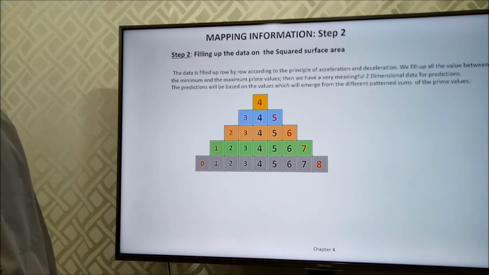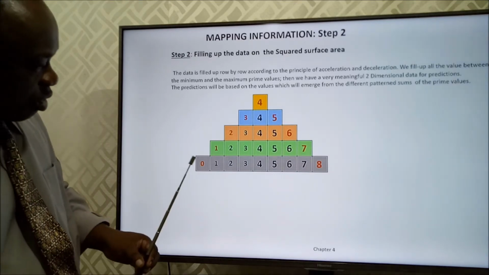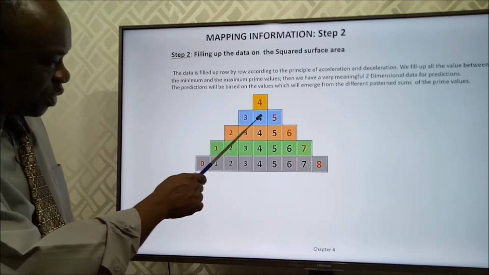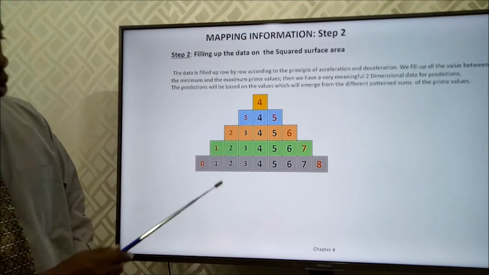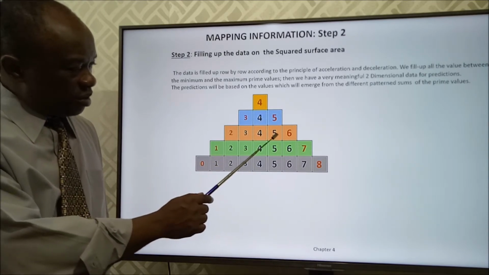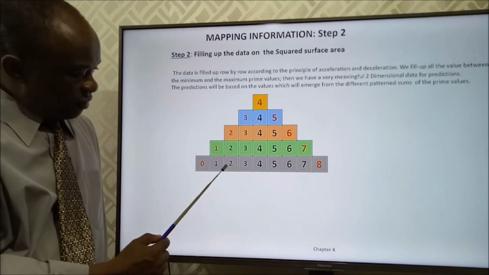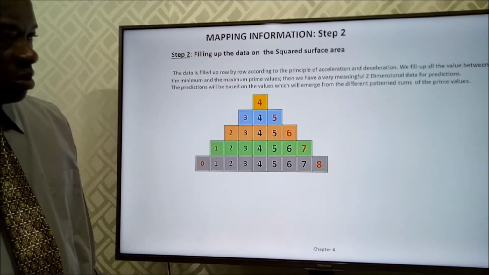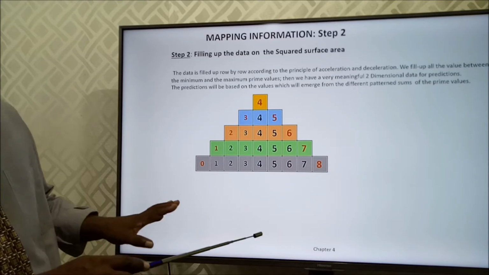You see, all the values in blue are the ones we have filled up. You see that here we added 1, here we added 3, 5 and 7 here. So now we have the complete data.